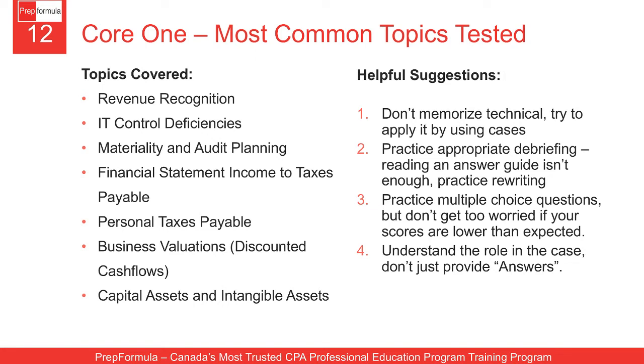You'll also notice that, within PEP, your multiple choice scores will probably be very low. That's normal. You're no longer doing prep, or you're no longer part of a university environment. Okay, this is the professional level. Things will be very difficult. So don't get too worried. Don't get discouraged if it's not where you normally score.